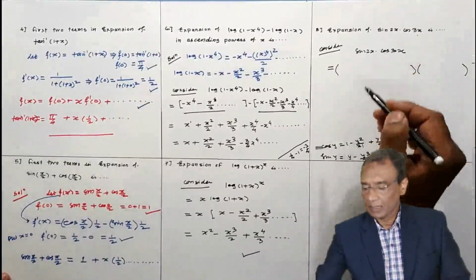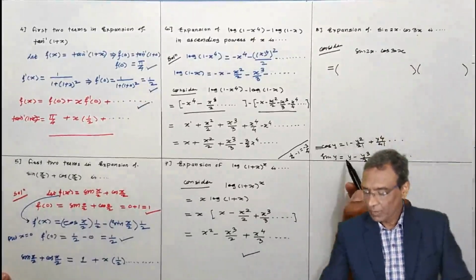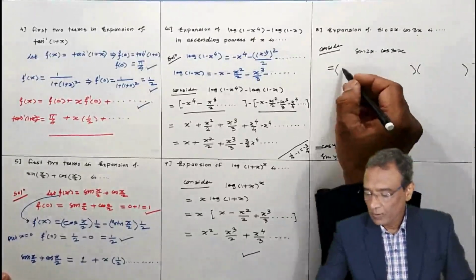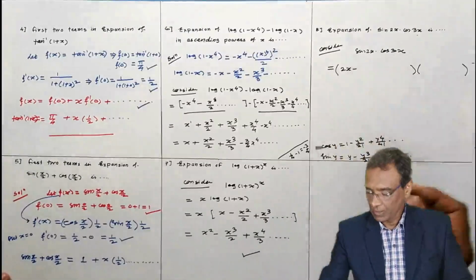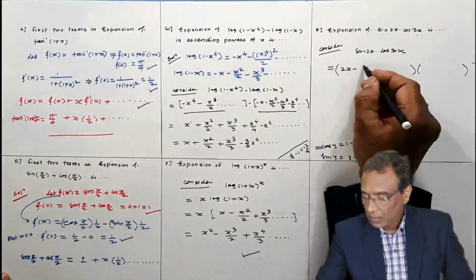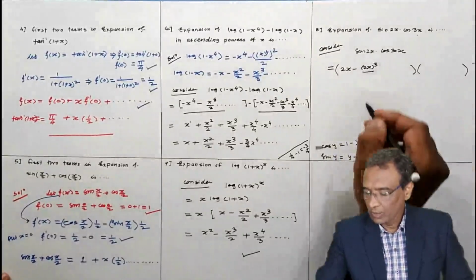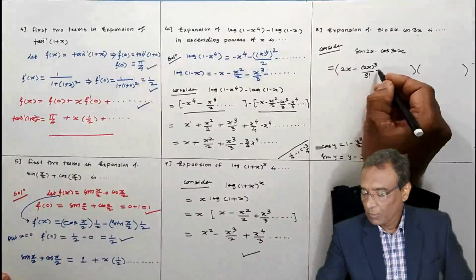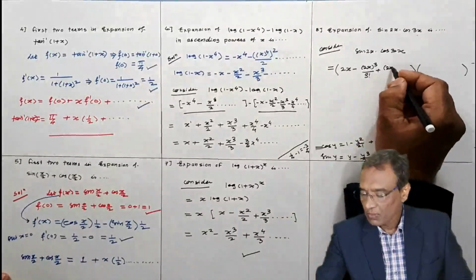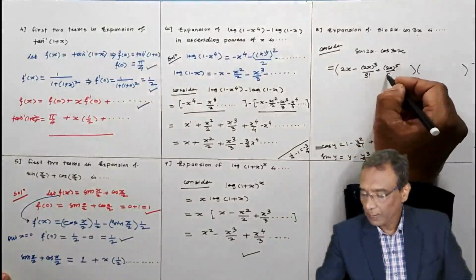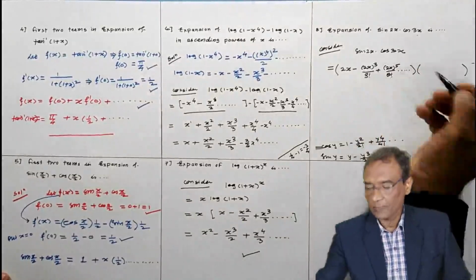So you can directly write it. Expansion of sin 2x will be what? Replace y by 2x: 2x minus 2x cube by factorial 3 plus 2x power 5 by factorial 5 and so on.